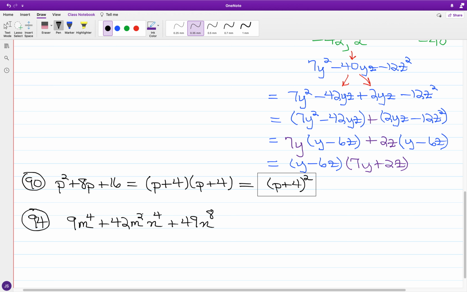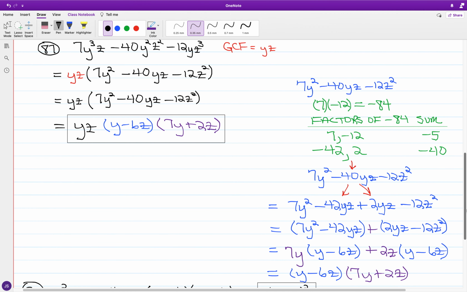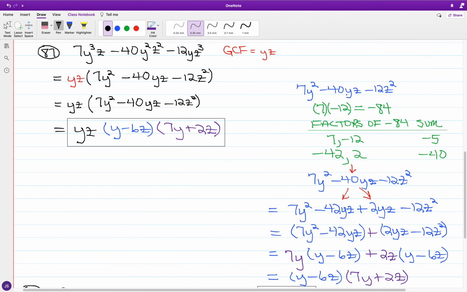So you have m squared, 1/2 the degree of m to the 4th, and n to the 4th, 1/2 the degree of n to the 8th. Just like over here, in negative 40yz, y is 1/2 the degree of y squared, z is 1/2 the degree of z squared. Had I had any other degree like 7y cubed or negative 12z to the 4th or to the 5th, I would not be able to factor by grouping in this particular fashion.